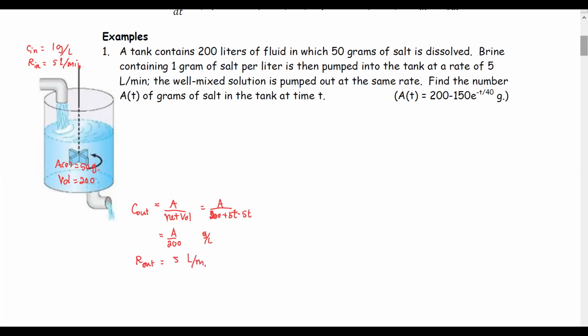To form the differential equation, dA/dt, the rate of change of the amount of salt in grams per minute, equals the salt rate coming in minus the salt rate going out, or rate in minus rate out.